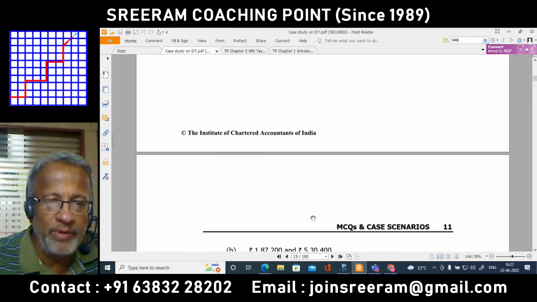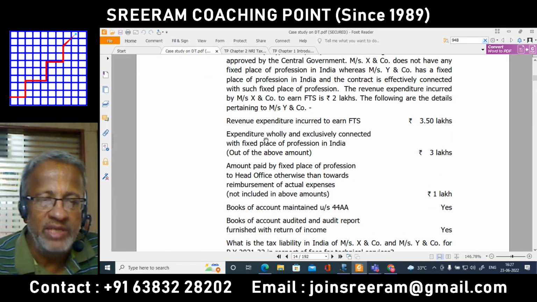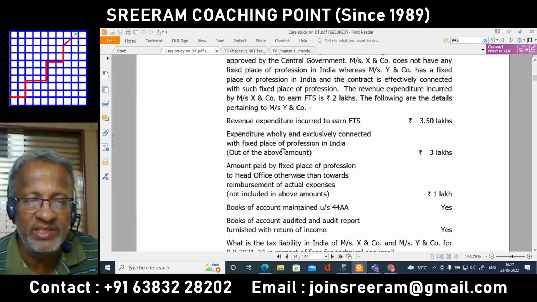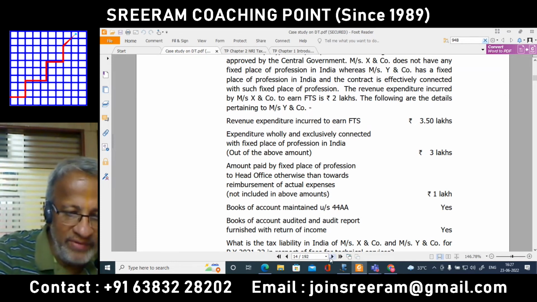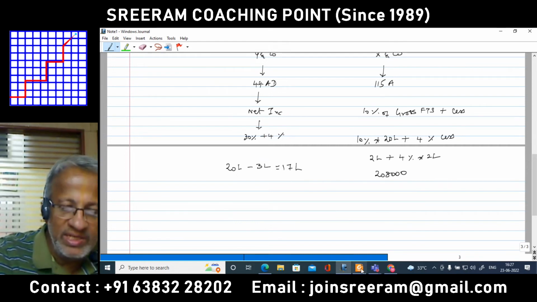By going through the problem, we understand that 20 lakhs is the gross income, against which expenditure wholly and exclusively connected with the fixed place of profession, being 3 lakhs, we can deduct. 20 lakhs minus 3 lakhs, so the net income, which is easier for us to compute, is 17 lakhs.